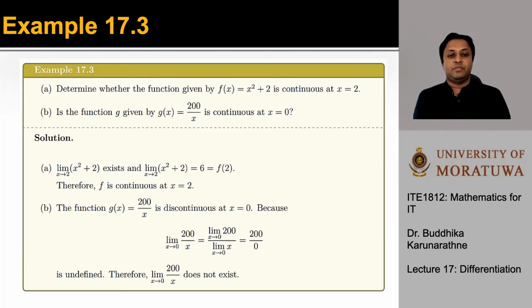Therefore, the limit of 200 over x as x approaches 0 does not exist. In this case, we identify that the function is discontinuous at x equals 0.